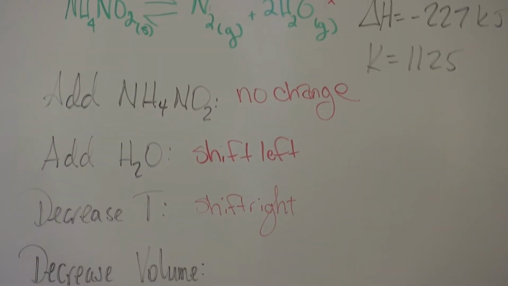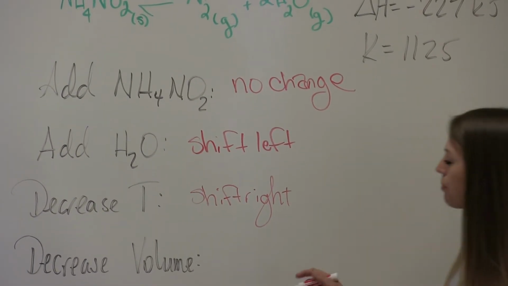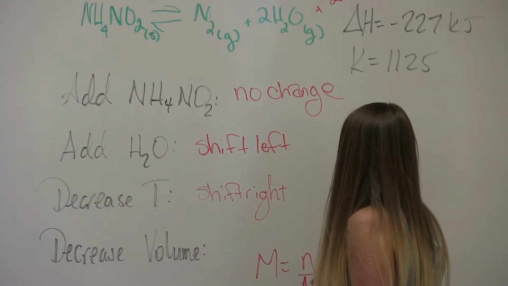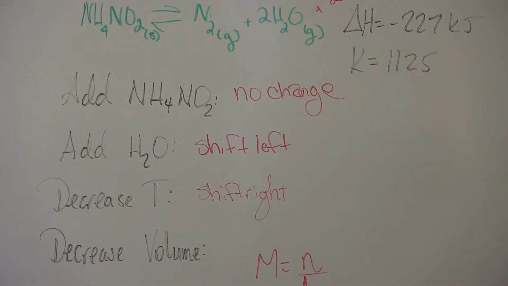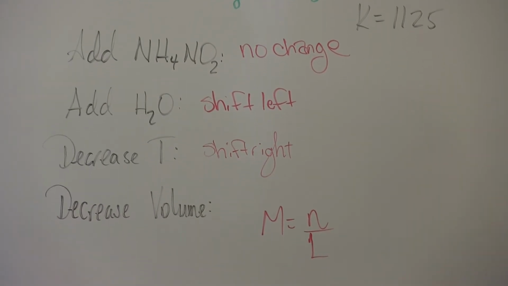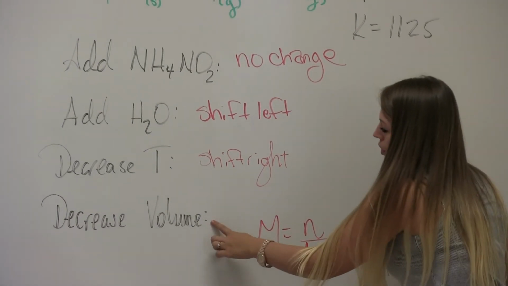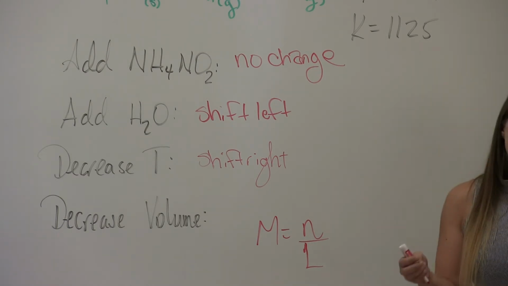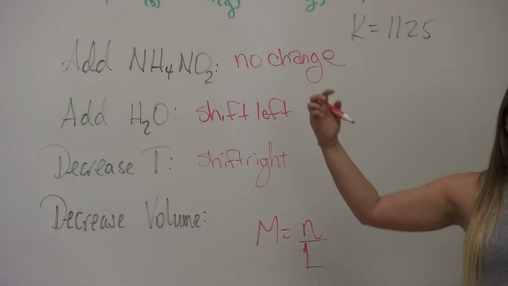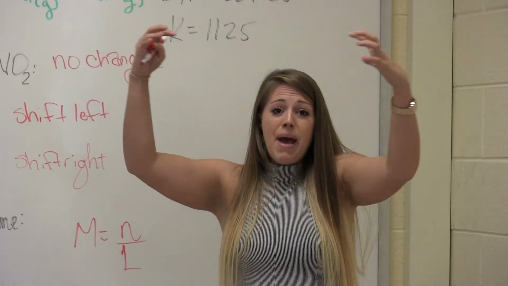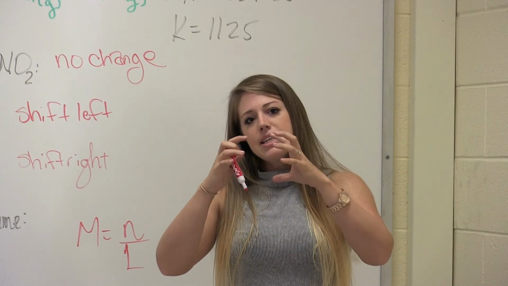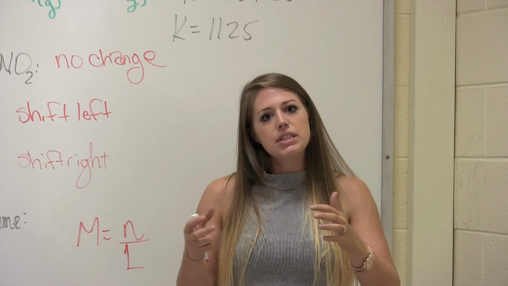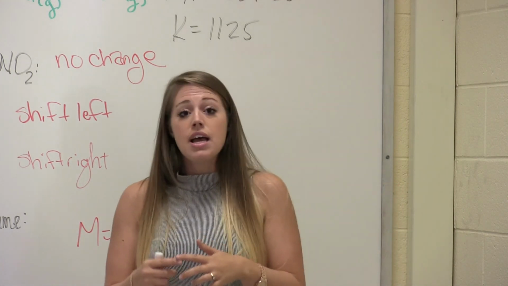Okay, now decreasing volume. Well, remember, concentration has a direct correlation to the number of moles divided by liters. If we're decreasing the volume, we're going to increase the pressure, because we're taking our volume and compacting it down. If we compact it down, we're going to push our molecules closer and closer together. So we're going to get more collisions, higher pressure.